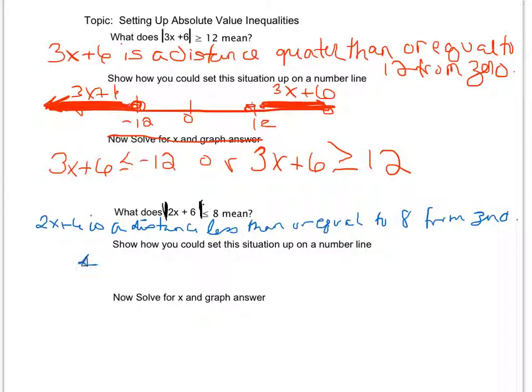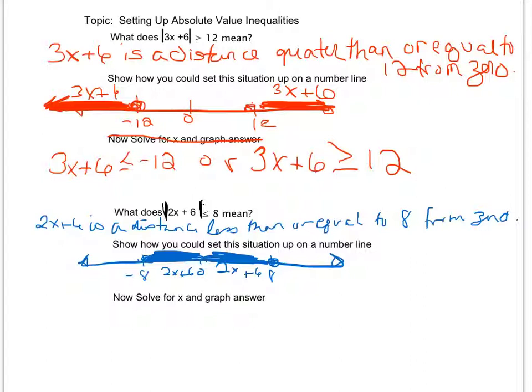So again, let's look at a number line. So if here is 0, and here is 8, and say here is negative 8, this expression 2x plus 6, and I'm going to do closed circle here, if it falls anywhere in here, then isn't it a distance of less than 8 from 0? Also, if it falls anywhere in here, and again there's a closed circle because of the or equal to, isn't it a distance of less than 8 from 0?